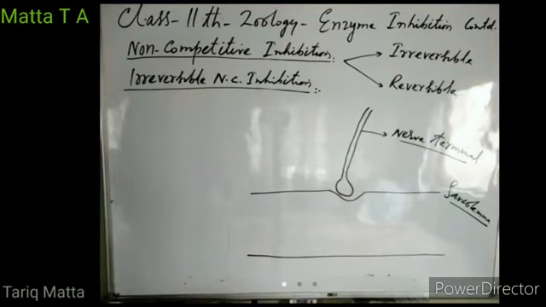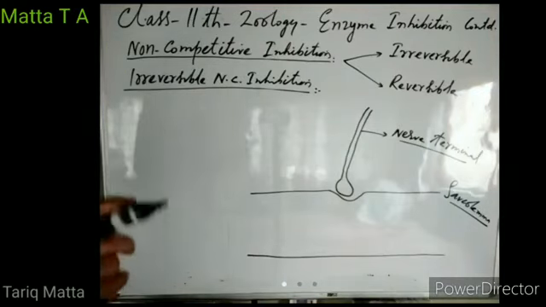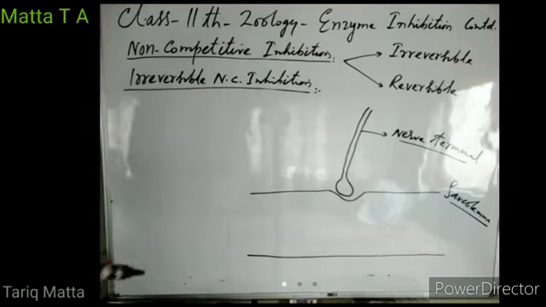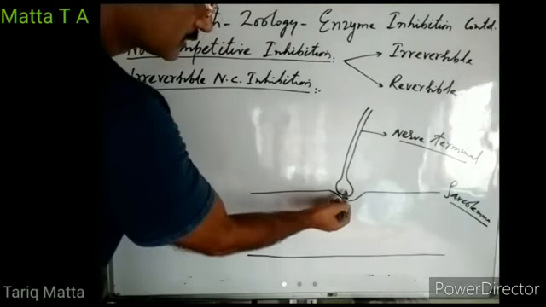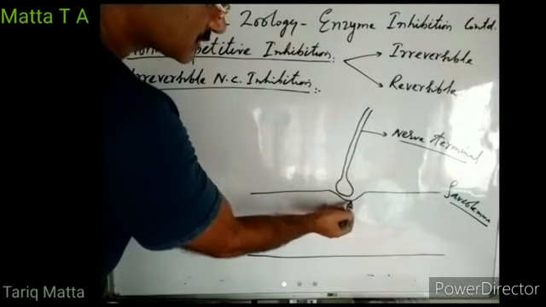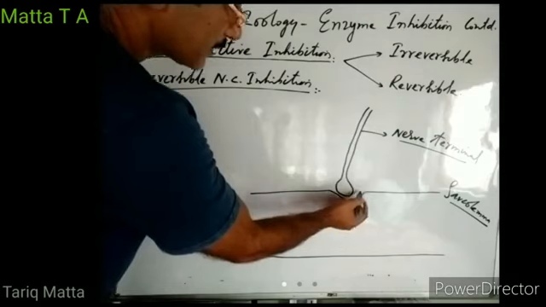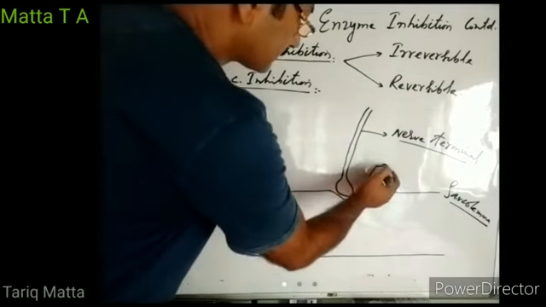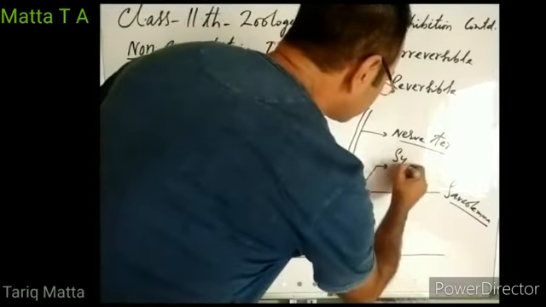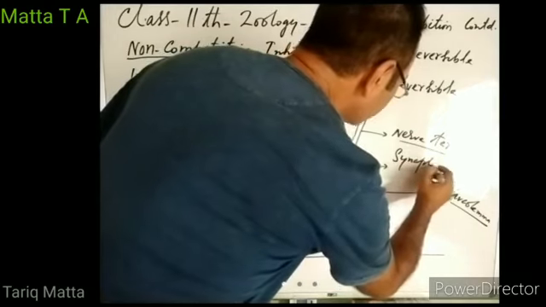These nerve fibers do not actually touch our muscle cells. There is a gap between the end of this nerve fiber and the muscle cell. This gap is known as synaptic cleft.